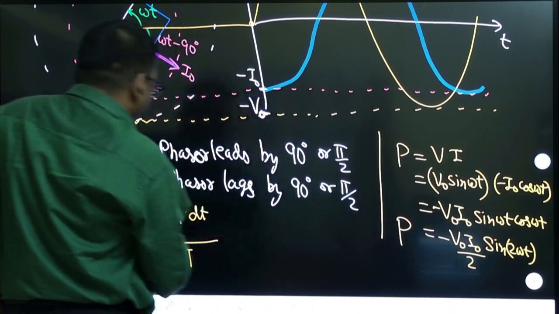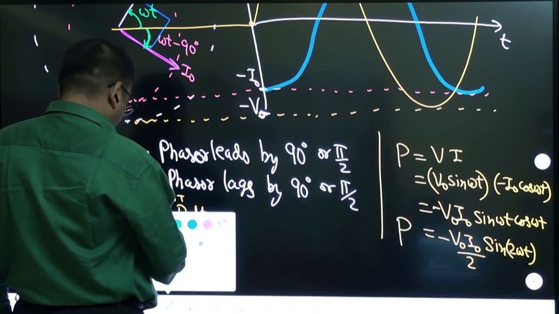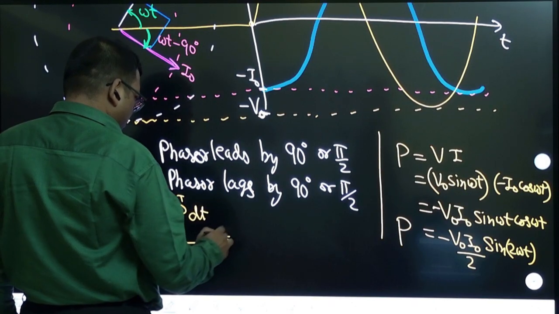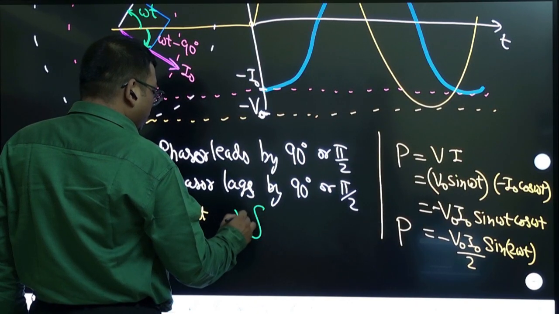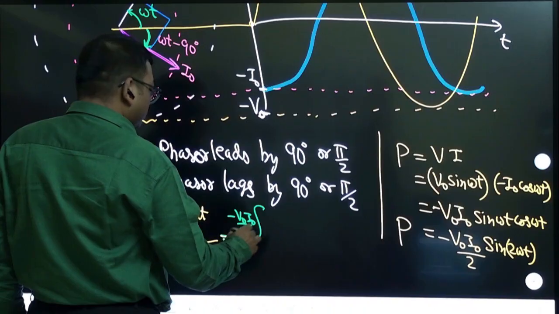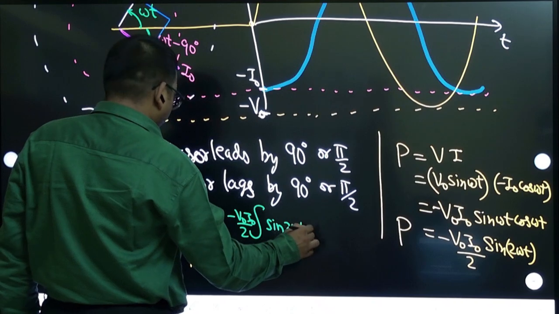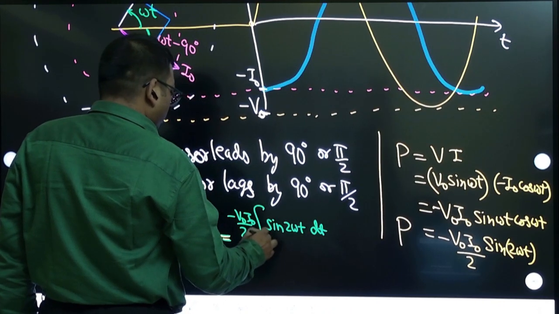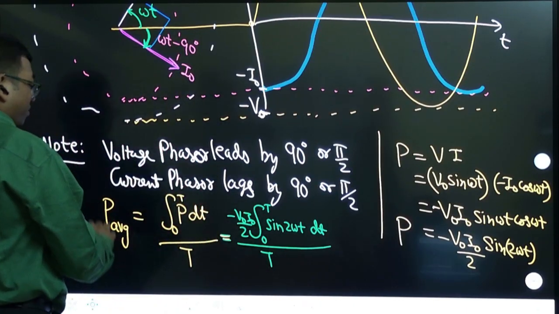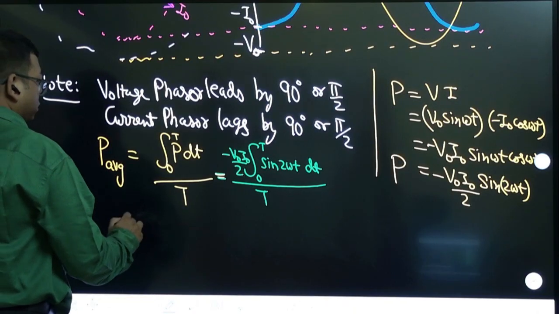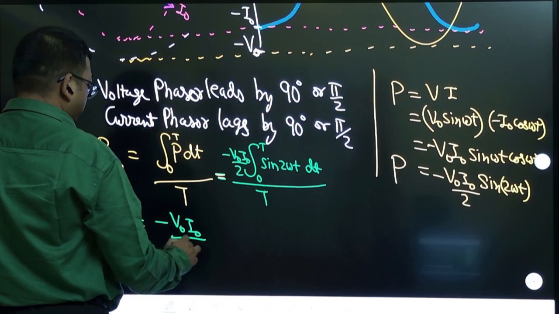Now we will use this in the integration. So minus V naught I naught by 2 we take outside. Then it is only the integral of sin 2 omega t dt from 0 to T, divided by T. So minus V naught I naught by 2T.